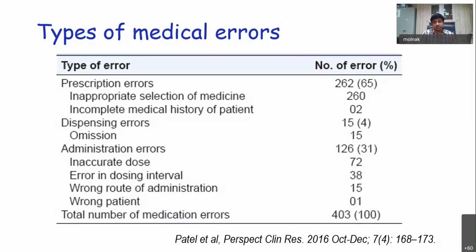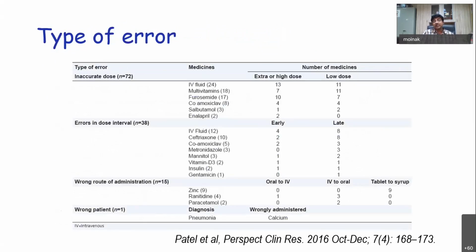There are also administration errors, but we will not go into that. If you look at the types of error that has happened, then most of the errors have occurred with IV fluids, because this was a district hospital. It was an inpatient unit. So they've seen that the IV fluids and the antibiotics are mostly the ones that have gone wrong.